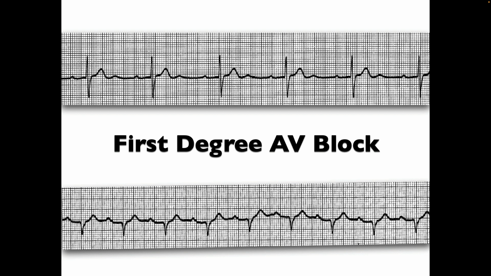It says AV block, handout for AV block lectures. All I want you to do is go through it on your own, or with your neighbor, your partner, for a few minutes, then we'll do it together and say, is this a first degree AV block? Yes or no? That's all you have to do, okay?